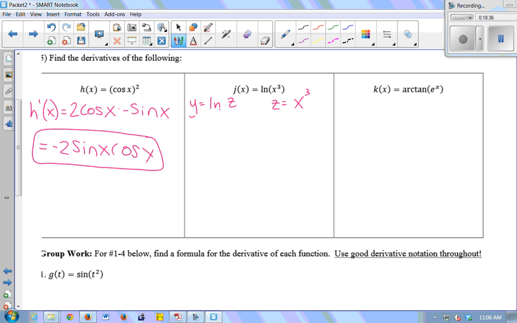So I've decomposed ln of x cubed into y equals ln z and z equals x cubed. Outside function ln z, inside function x cubed. So I just separated it into an outer and an inner function. And then I'm going to write down the Leibniz notation for the chain rule: dy dx is dy dz times dz dx.